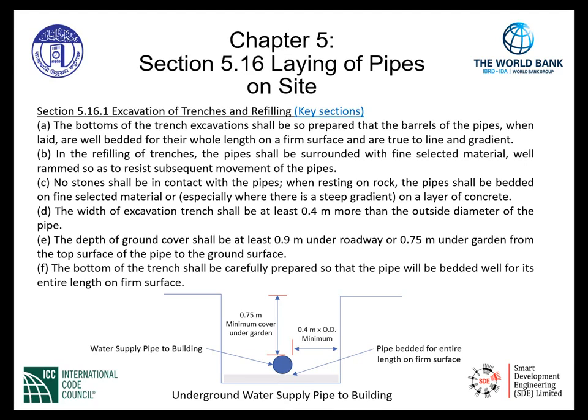So on both sides, we need to be 0.4 meters more than the outside diameter of the pipe. That would be our minimum side distance measured from the pipe to the side wall of the trench on both sides of the trench. And finally, the minimum cover shown here below a garden would be 0.75 meters from the garden surface to the top of the pipe.